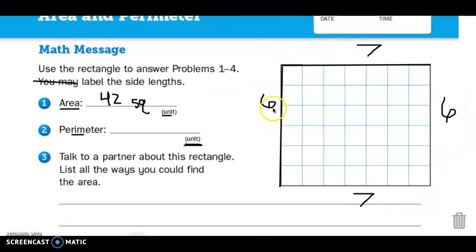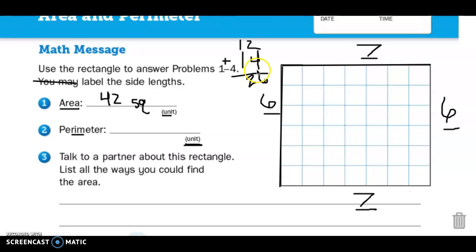All right, I'm going to choose to add my 6 and 6 first. 6 plus 6 is 12, and then 7 plus 7 is 14. So 12 plus 14... 2 plus 4 is 6. 1 plus 1 is 2.